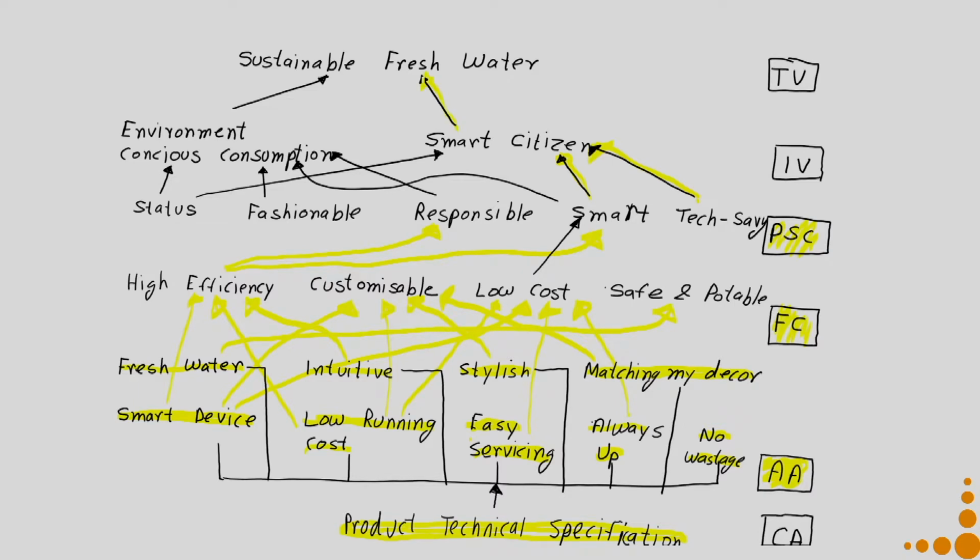So now when I created this relationship, sustainable fresh water is related to smart citizenship. Smart citizenship is related to smart product and tech savviness. The smart, I go back to be connected to my low cost, and the smart is also connected to high efficiency. It's connected to smart device, low cost, intuitive and stylish, which means in my product technical definition I have to rework it again.